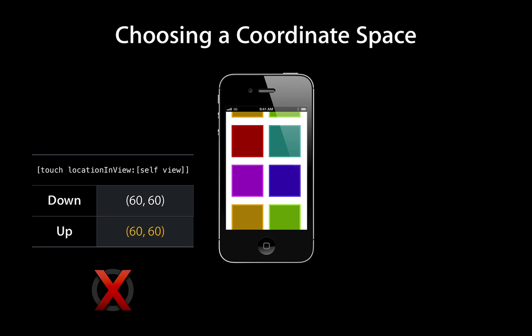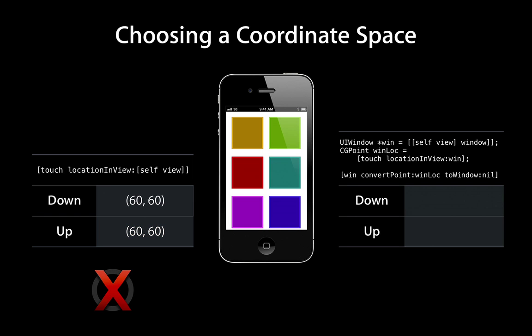So in order to solve this issue, we need a better reference frame for our touch than the gesture's view. We found that in most cases, using the screen coordinate system to do your touch math makes the most sense. So here, in order to accomplish that, I've converted the incoming touch's location to the window of the gesture recognizer's view.